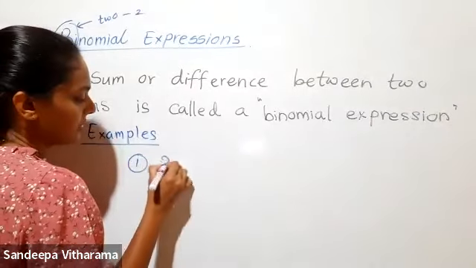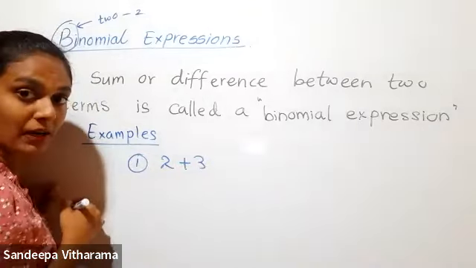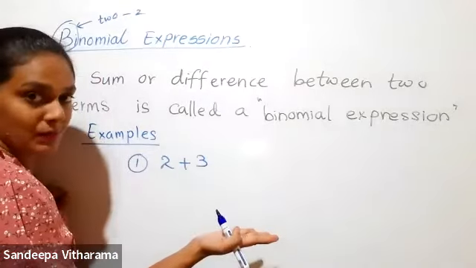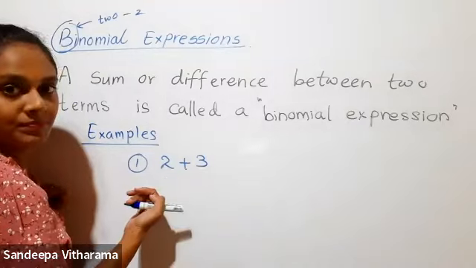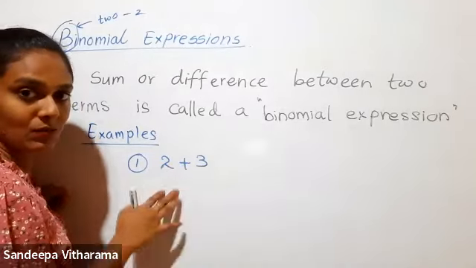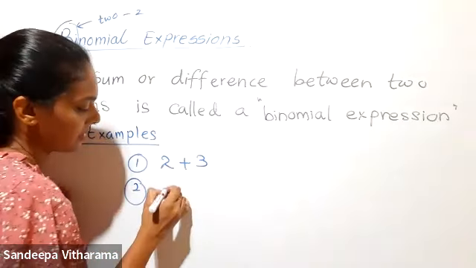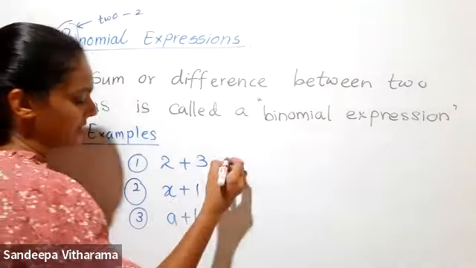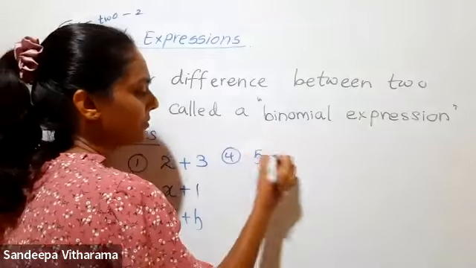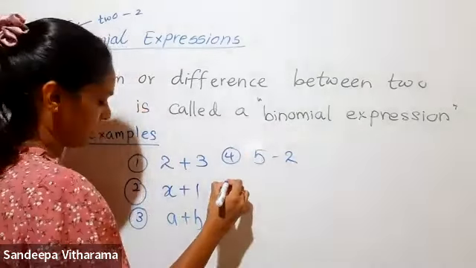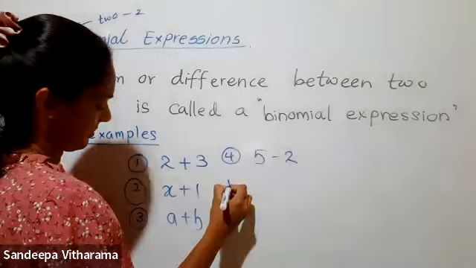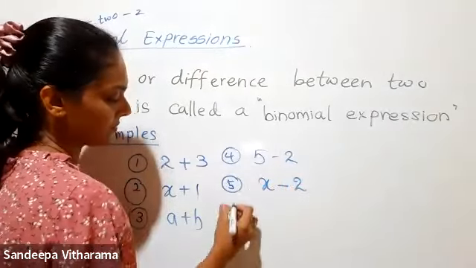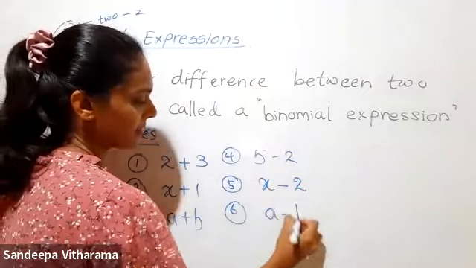First one, 2 added 3. This is also a binomial expression, okay? Because it consists of two numbers. So this is an expression of a sum between two numbers. So we can say this is a binomial expression. x added to 1. a added to b. 2 subtract 5. x subtract 2. a subtract b.